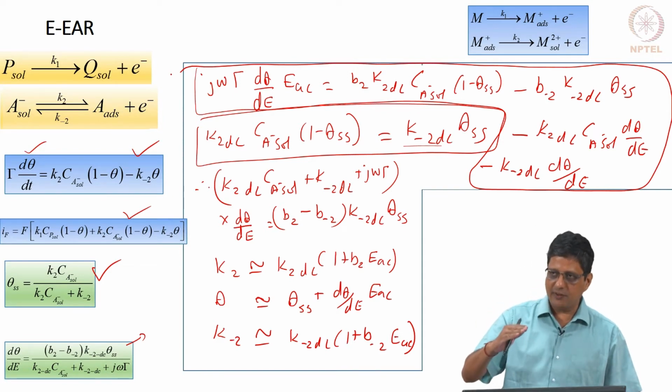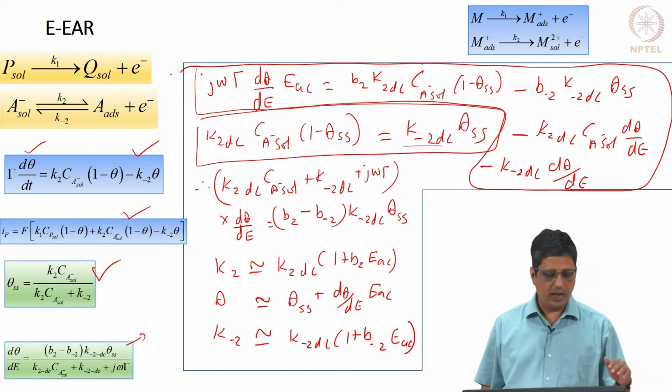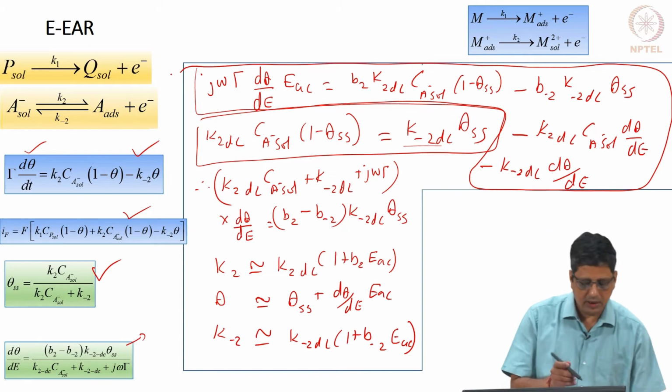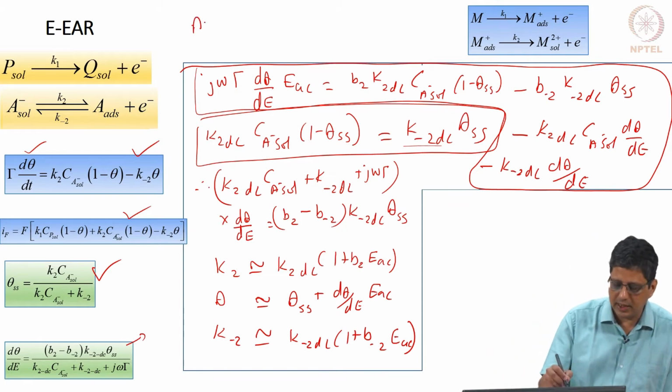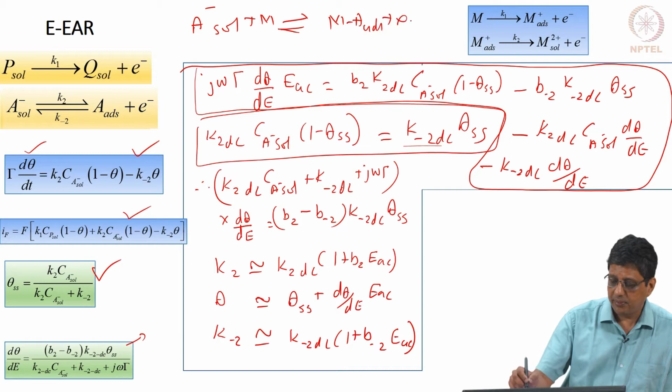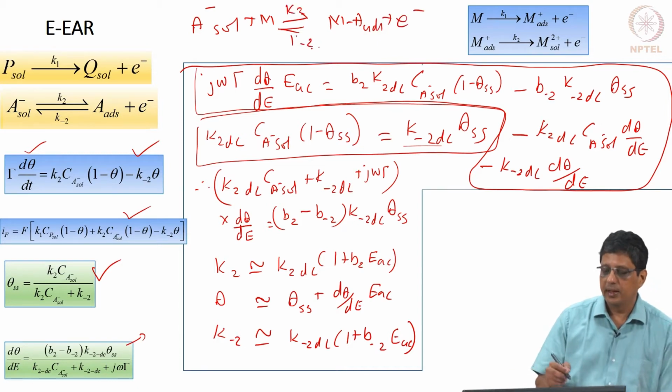Similarly, the surface coverage is also not going to remain the same. See, what happens is, in this reaction, it does not show up very well here. So, I will write it here, A minus solution plus metal gives us, with K2 and K minus 2. Okay.